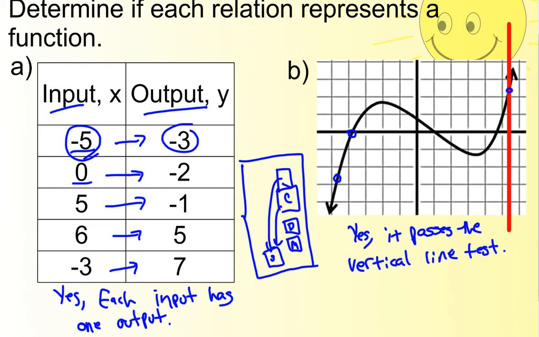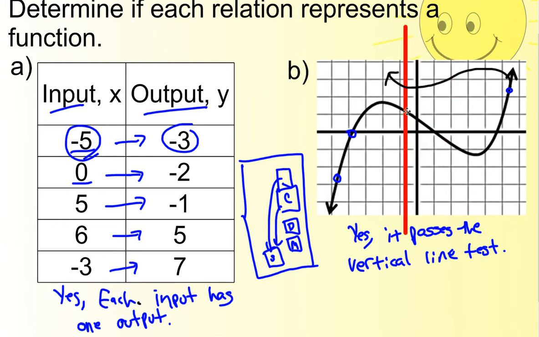And you might be thinking, okay, well, what doesn't pass the vertical line test? So let's imagine this function right here. Instead of going up and continuing in this direction, it curves back around like this. Well, now your vertical line test would fail because it would touch the function right here and right there. It would touch the function twice.